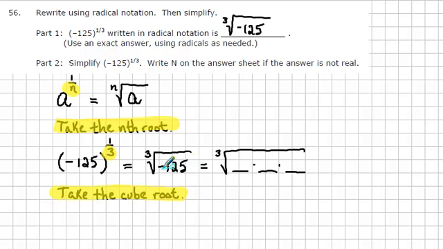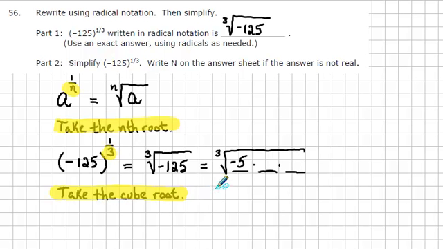Also, there's a negative in front, so negative 5 will divide into it. So let's take negative 125 and divide by negative 5. Negative 125 divided by negative 5 is equal to positive 25.